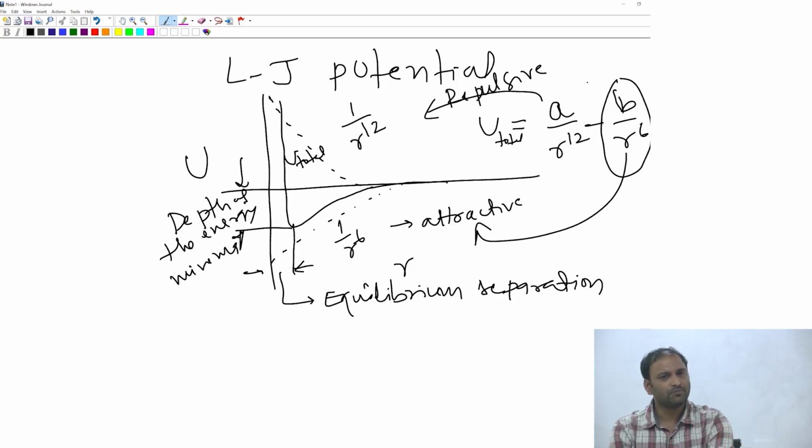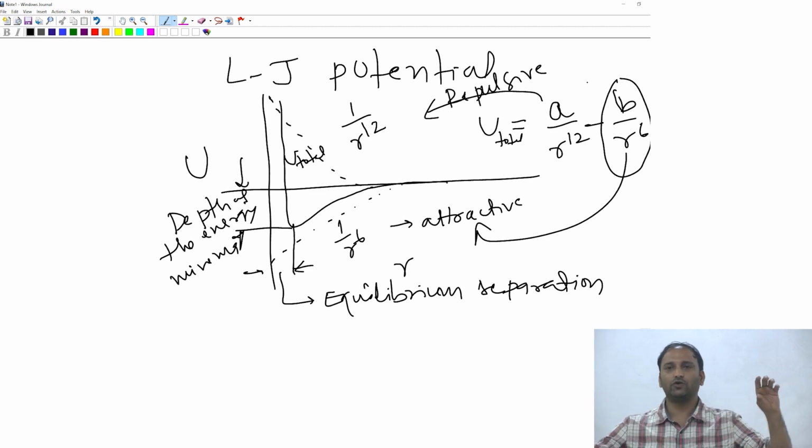Now if I look at this plot, can I say something about the range of interactions? Can I say something about long range interactions and short range interactions? Which one of them is long range and which is short range in this case? What I mean is, say I have two atoms or molecules held apart and I start bringing them close.